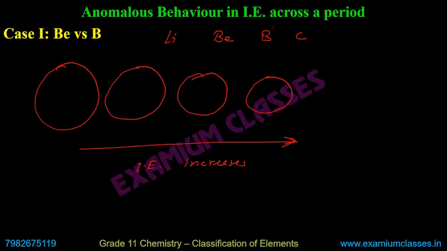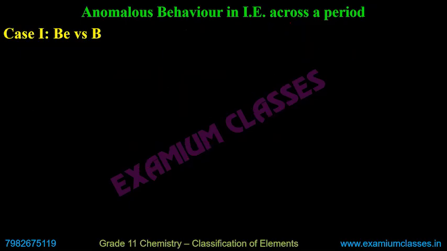However, boron has lower ionization enthalpy than beryllium. So here it increases. It should increase here further, but it decreases and then again increases. Why is this so? That is the anomalous behavior we are going to talk about.